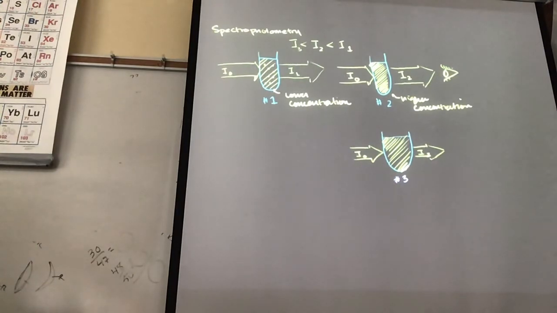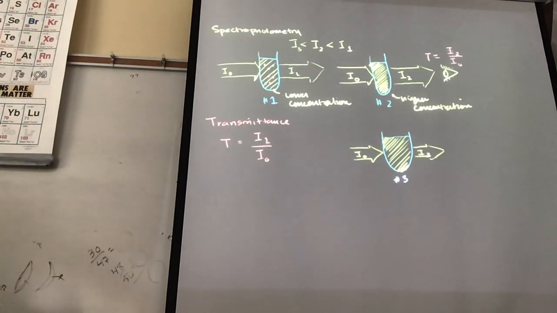So the first thing I will define is transmittance. When the people who defined it said, well, what we care about is how much is transmitted versus how much went in, let's just define transmittance as that ratio. So in this example, the transmittance of number 1 would be the amount that got through over the amount that you put in. Over here, the transmittance would be the amount that you got out over the amount that you put in.